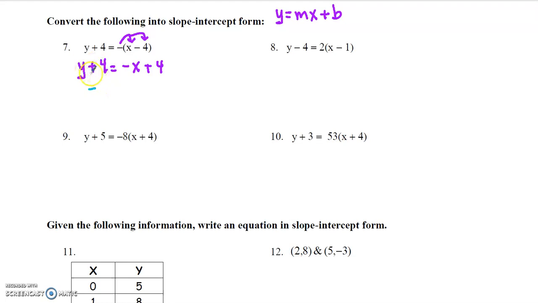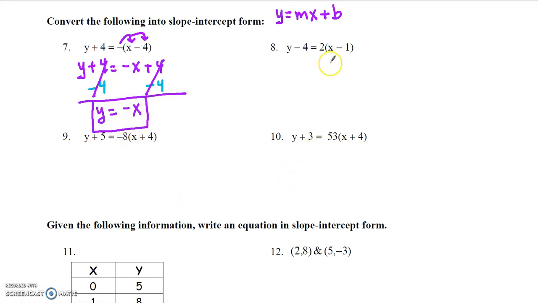So it's adding right now, so that means we're going to subtract. I'll do the same thing on both sides of my equal sign. So the 4's will cancel here. It leaves my y. I have a negative x. And then I have a positive 4 minus 4. So again, those cancel. So this is my final answer for number 7.